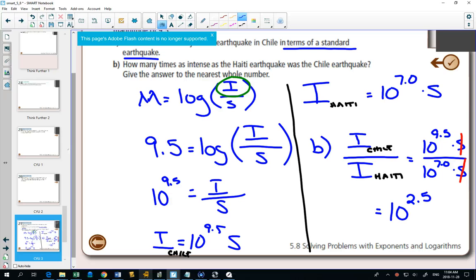On the exam, if you just show an understanding of that, if you just did 10 to the 9.5 divided by 10 to the 7 and said you're going up by 2.5, so it's going to be 10 to the 2.5 times more intense, that would be fine. They would accept that. But if you wanted to use the formula, you could get it in terms of S and then divide it this way as well.